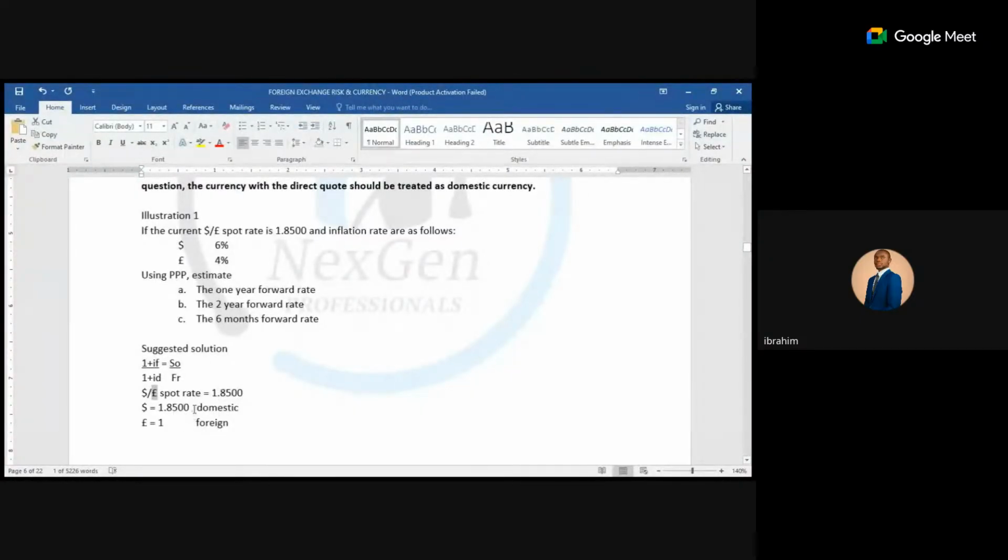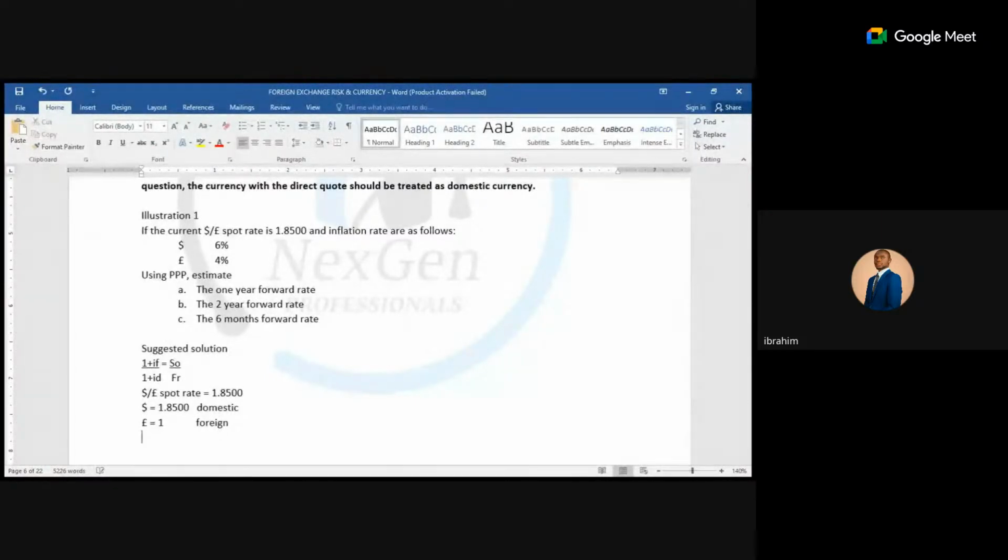Right? You can see that this is higher than this. And then they give us that, okay, the country is this. We can use that country to also determine which of these is domestic, because from the spot rate, we'll look at it, right? From the spot rate.